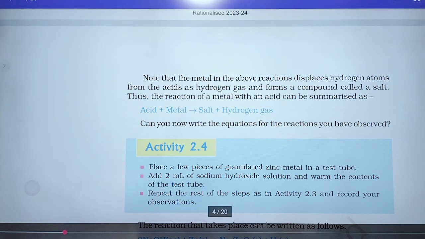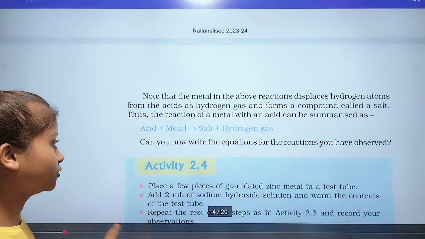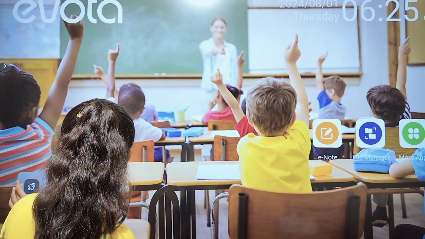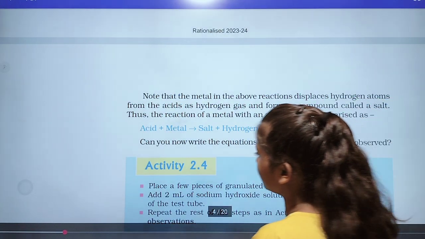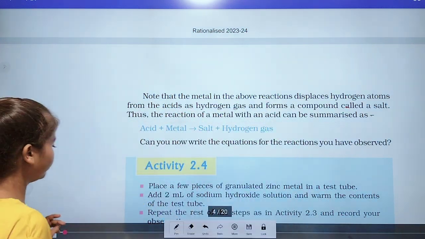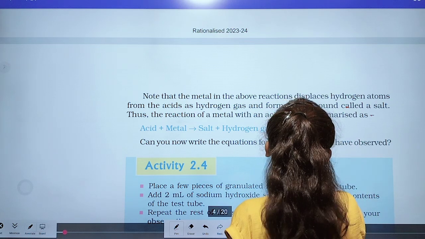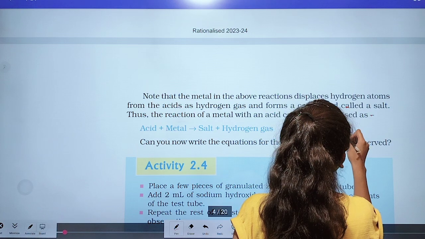You can see here also, Zn is a metal and H2SO4 is the acid.